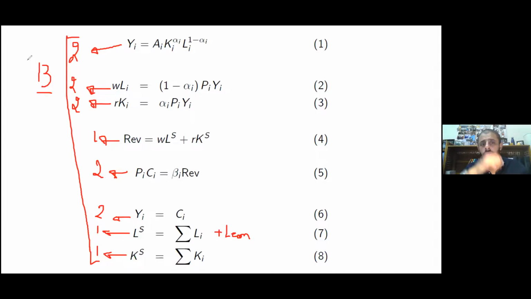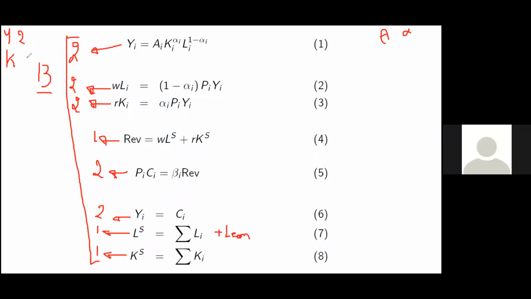So let's now count the number of variables that we have. For Y, how many variables do we have? 2. 2, exactly. A is a parameter, so we'll write it here. Alpha is a parameter, we'll write it here as well. Capital, 1 or 2? 2.